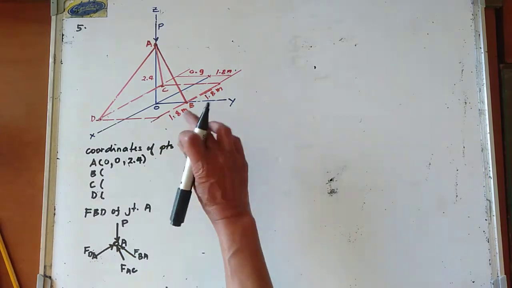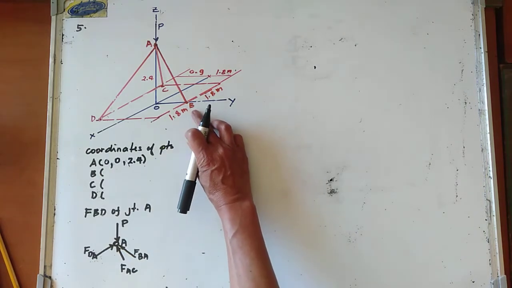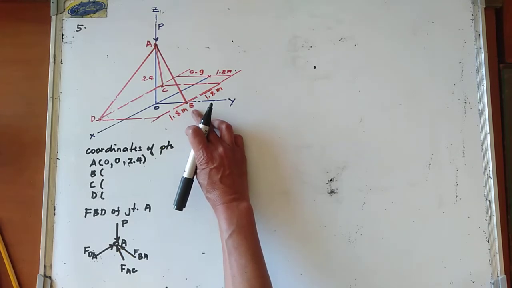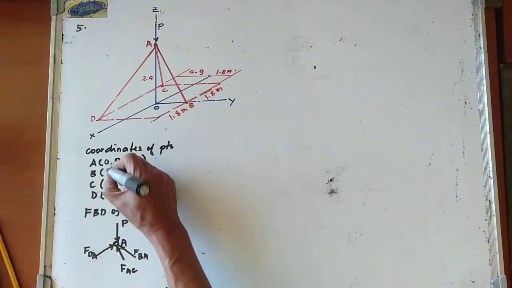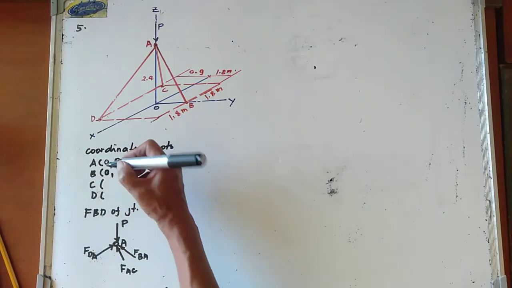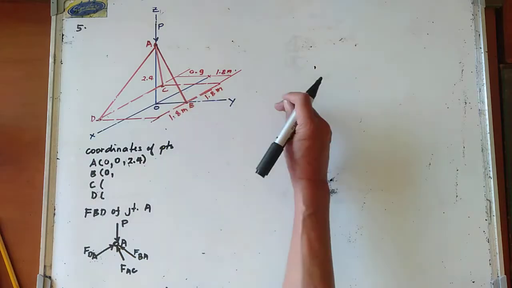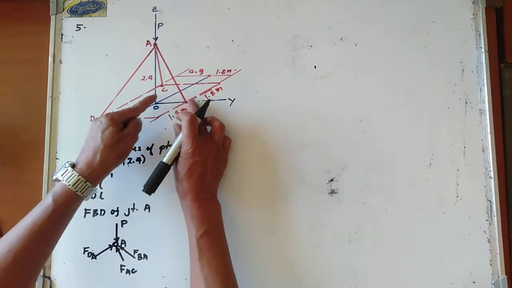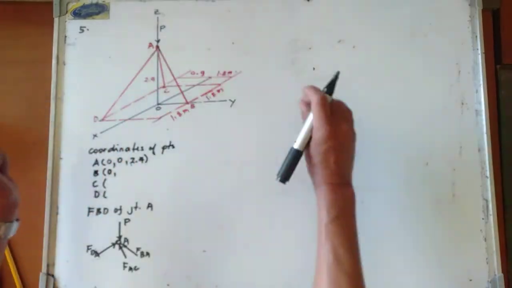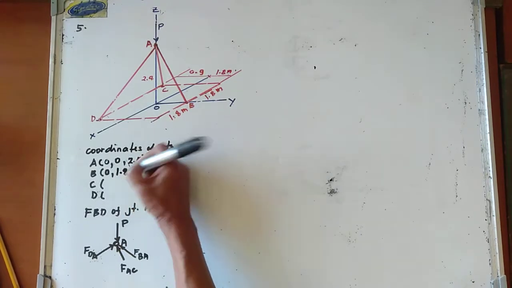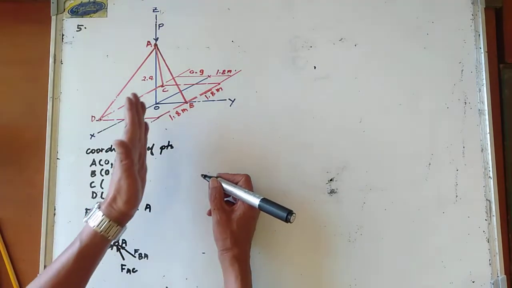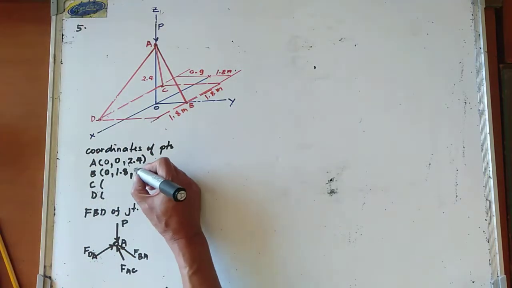For point B, the x coordinate is 0, the y coordinate is positive 1.8, and the z coordinate is 0.